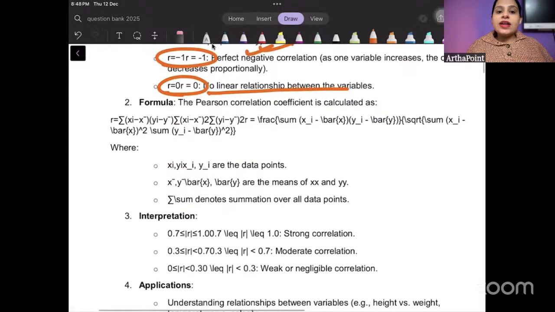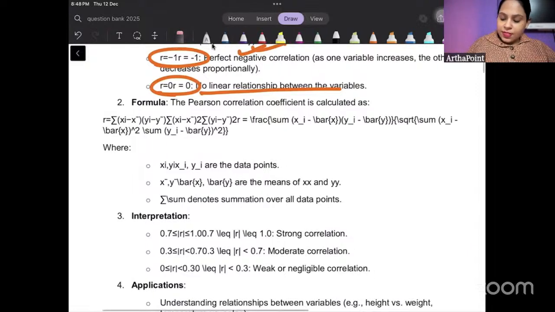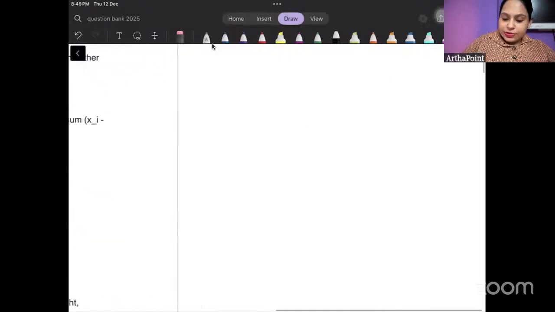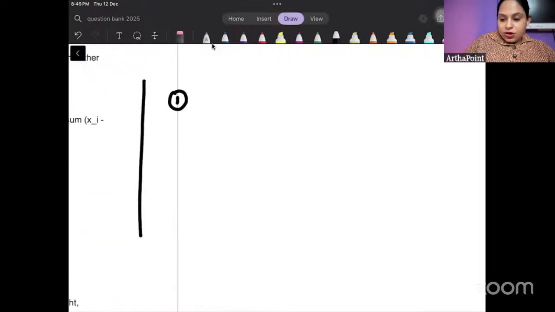Now the most important formula for correlation coefficient, that is basically the Pearson correlation coefficient formula. So let us just go ahead and write down the formula for this one. Please write it with me. Formula number 1.